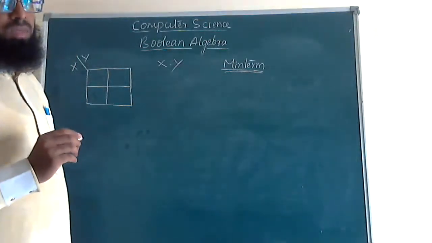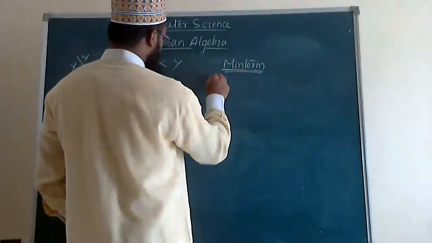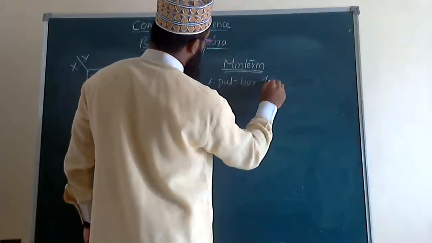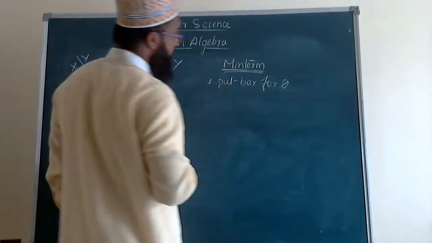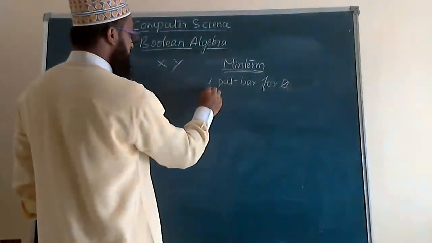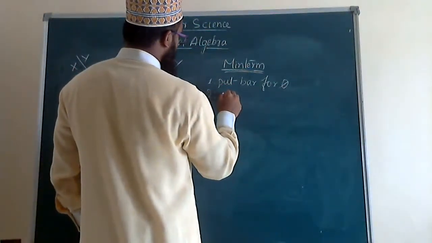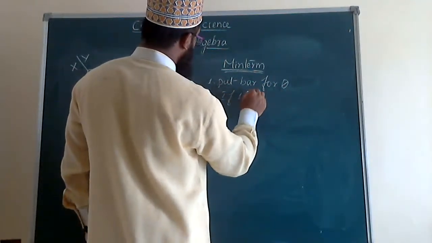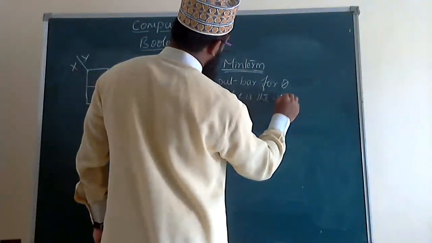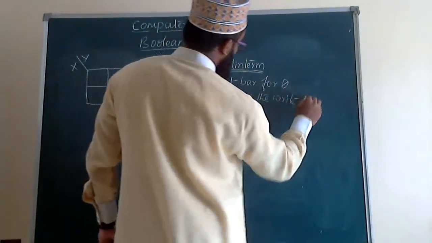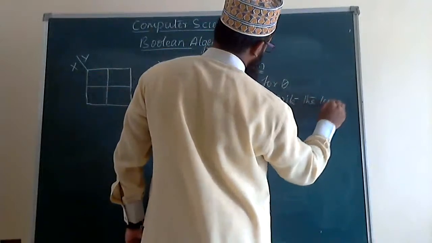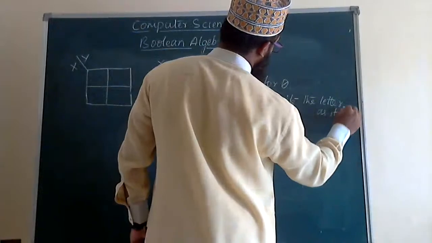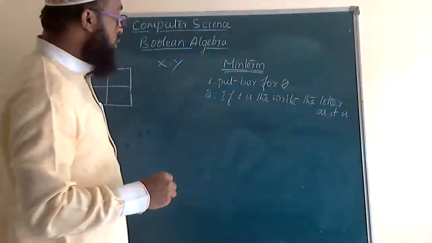The rule for the min term is: put a bar for 0, and second, if 1 is there, write the letter as it is. Hope you have understood.